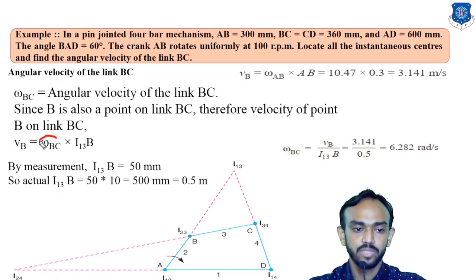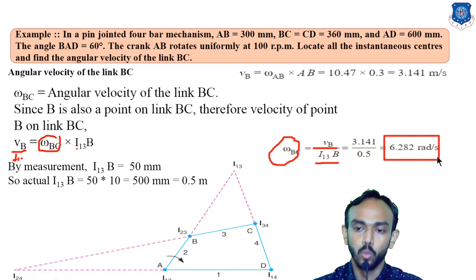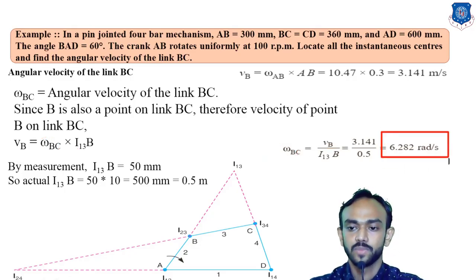Make omega BC the subject. So omega BC is equal to the velocity of B upon I13B. So it is 6.282 radian per second. Then this is your final answer. Okay.